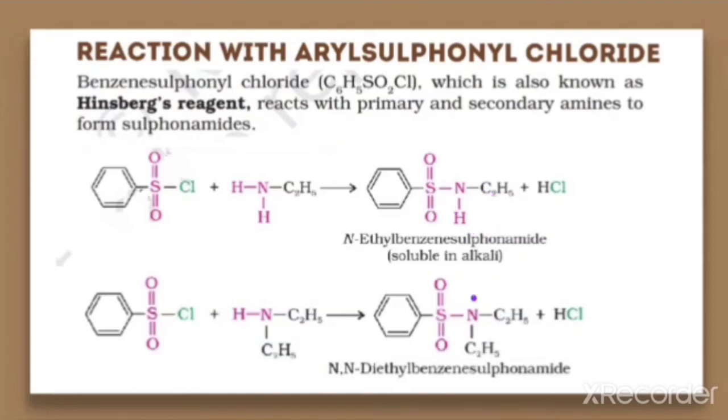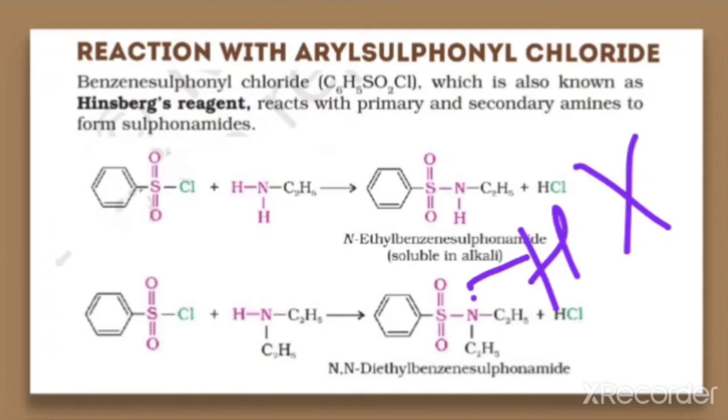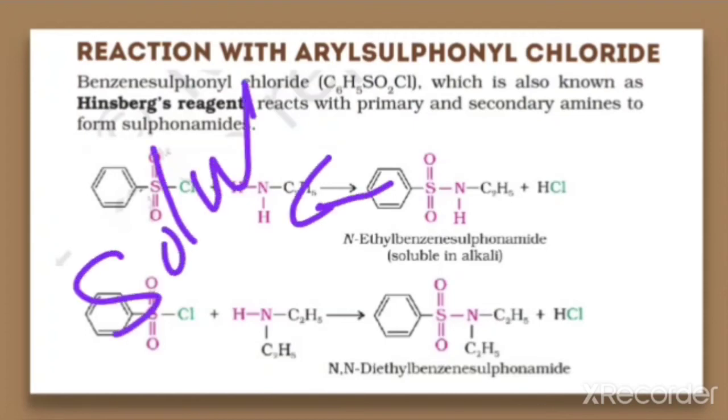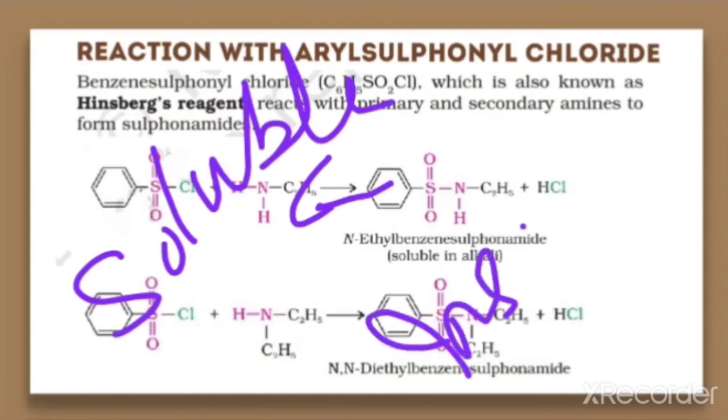Here this nitrogen does not have any hydrogen attached to it. Because of the absence of a hydrogen atom on the nitrogen, it is not acidic. Hence, it is insoluble in alkali. That means the first product is soluble in alkali, but the second product is insoluble in alkali.